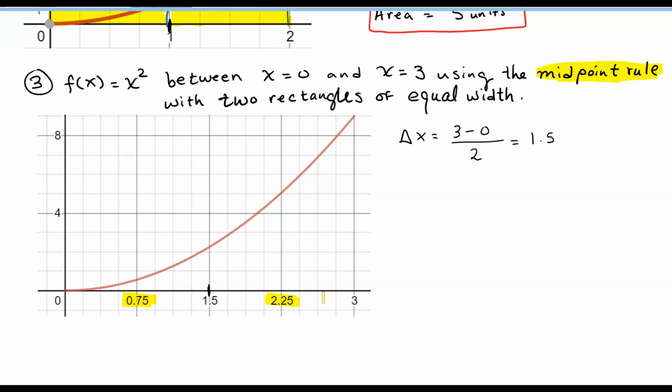We're going to use this value to draw our rectangle. Right where it touches the graph, right there, there's one rectangle. And then we go up over here, center there, there's another rectangle.